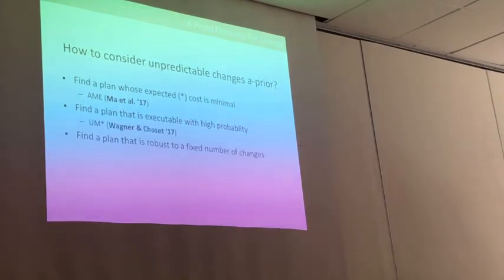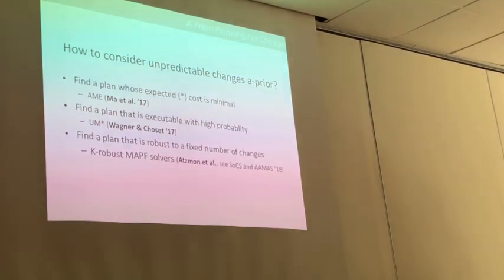This was done by a variant of the M-star algorithm, called UM-star. I will talk a little bit about it later. And the third approach is to find a plan that's robust to a fixed number of changes. So this will be a plan that I'm following, and I will be able to follow it even if up to k delays occur. This ties back to the robustness that Roman talked about at the beginning of the tutorial.